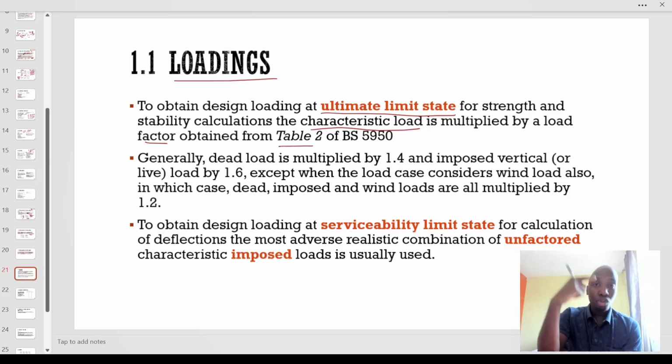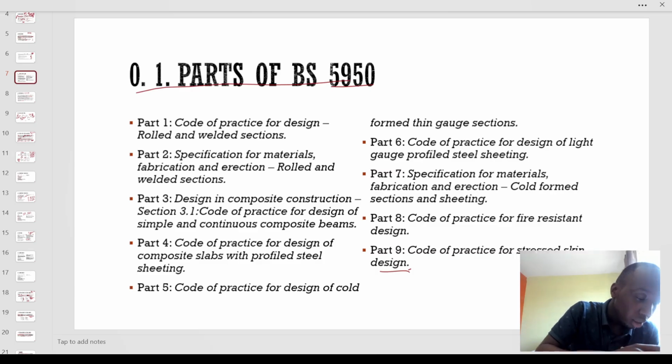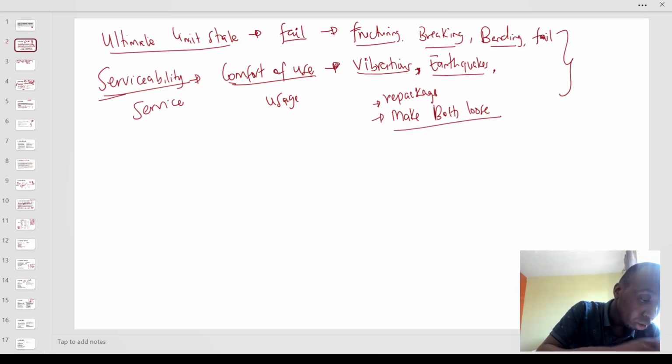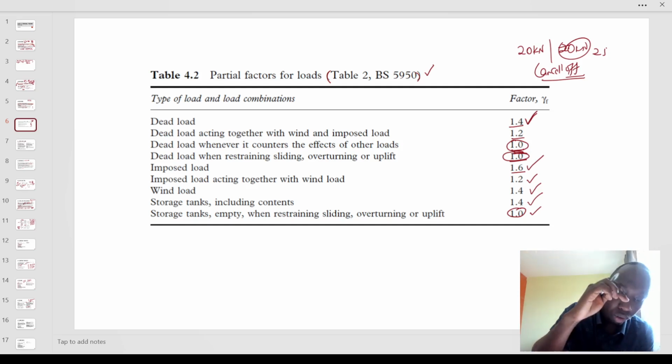You remember we saw a particular table. There's a table 2 somewhere. Table 1, that's table 1. Table 2, this is table 2. So using the factors displayed here in table 2.